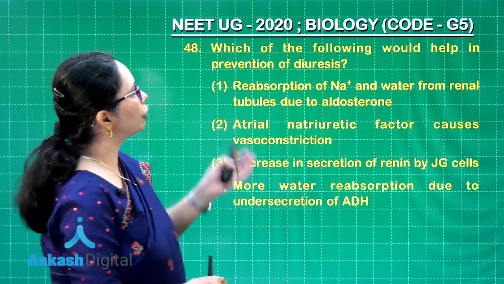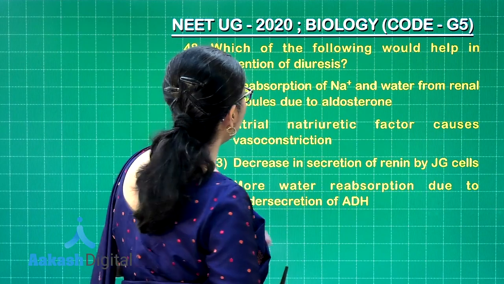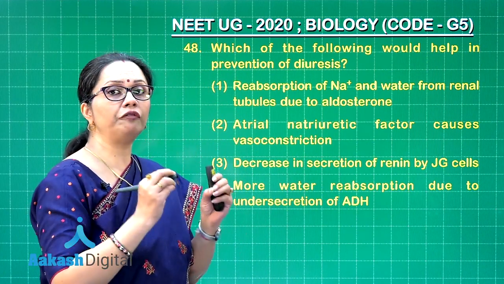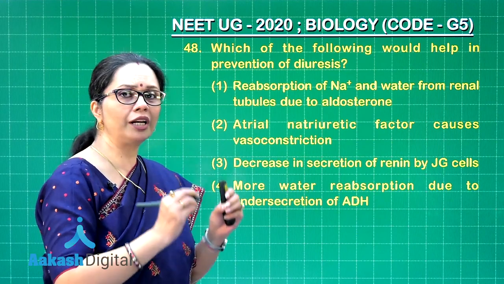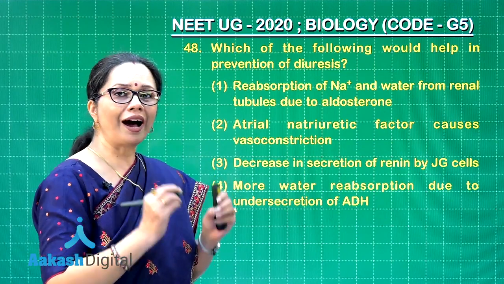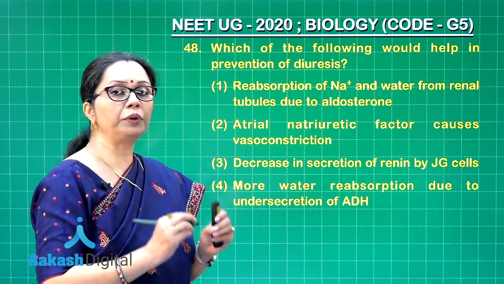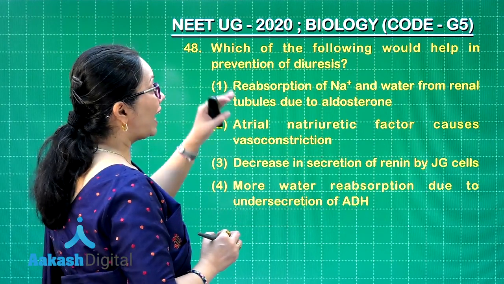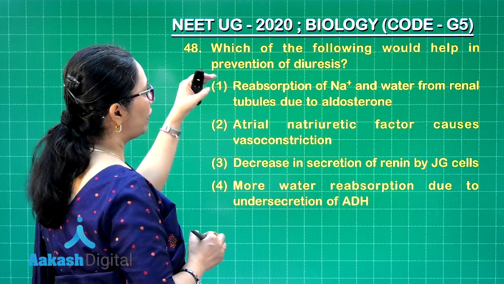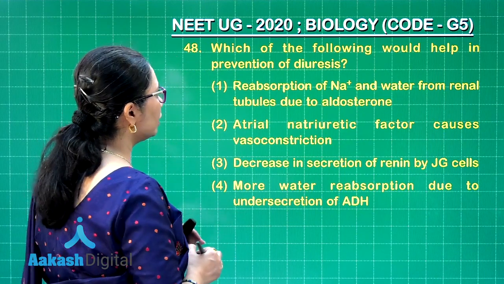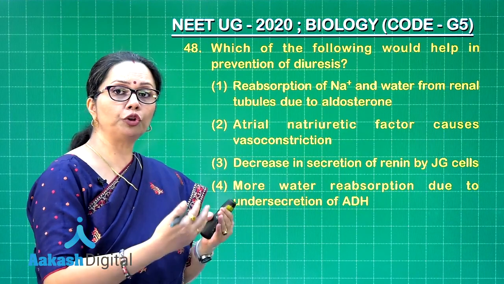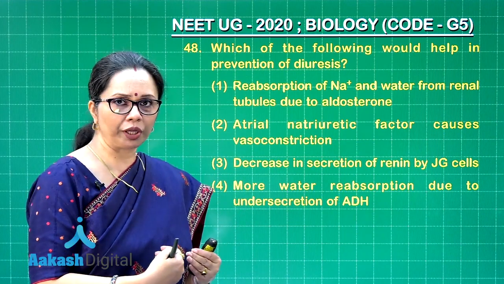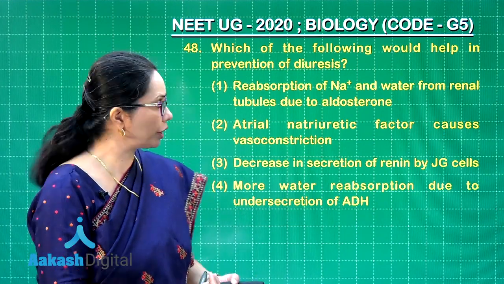Now in this, which of the following would help in prevention of diuresis? Now diuresis is the condition when the person is producing large volumes of highly dilute urine. That means there is excess loss of water, and that loss of water is to be prevented. So how can it be prevented? That means the kidneys should be able to reabsorb more water back into the bloodstream instead of losing it in the urine, right.